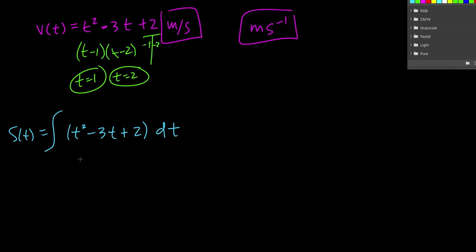So we take the antiderivative: t to the 3 over 3 minus 3t squared divided by 2 plus 2t plus c.